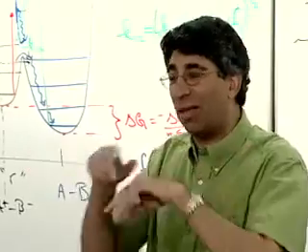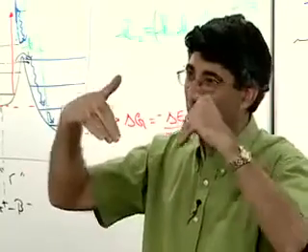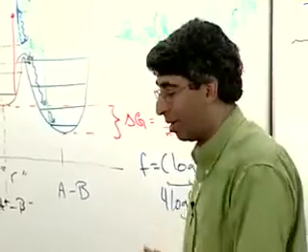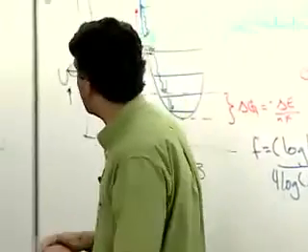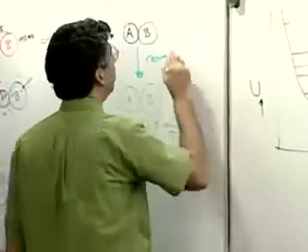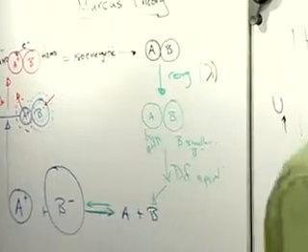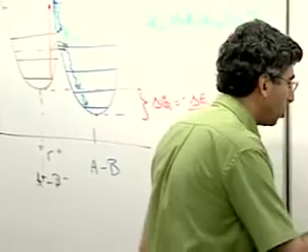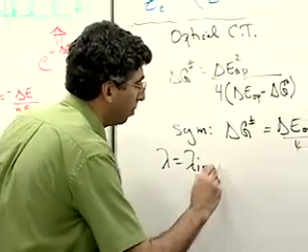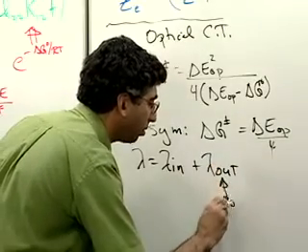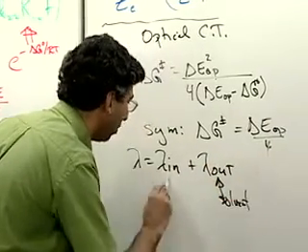And so the number of solvent molecules and the direction that they're facing and whatnot, all those dipoles, has to relax also. So I have a reorganizational process. That reorganizational energy is called lambda. And I can divide that into an inner sphere process and an outer sphere process. Outer sphere being solvent and the inner sphere being bonds.